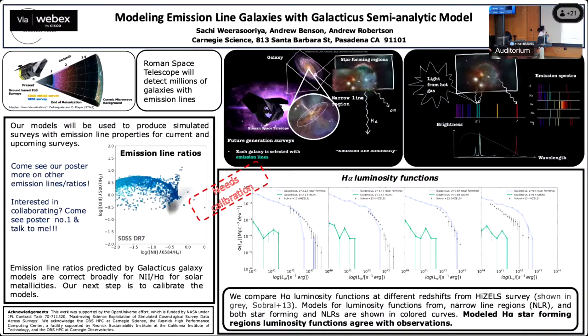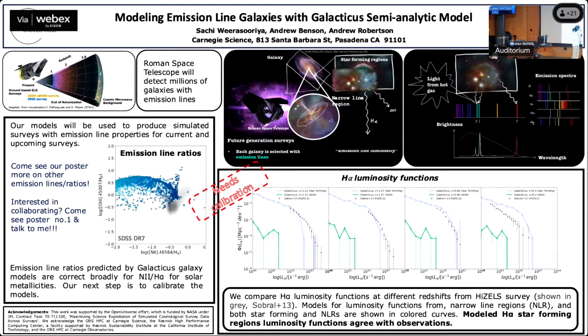So what we are trying to do here is model emission line galaxies, specifically in the Galactica semianalytic model, to predict the luminosities of emission lines in star-forming regions and active galactic nuclei, specifically narrow line regions. So here you can see we are able to reproduce the luminosity functions of H alpha for a couple of different redshifts reasonably well.